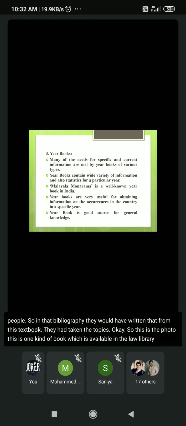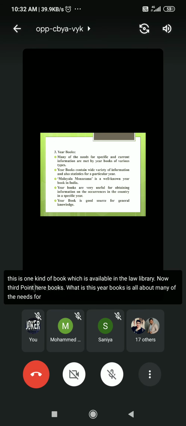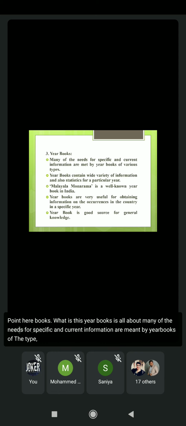Now, third point, yearbooks. What are yearbooks all about? Many needs for specific and current information are met by yearbooks of various types. Yearbooks contain a wide variety of information and also statistics for a particular year.